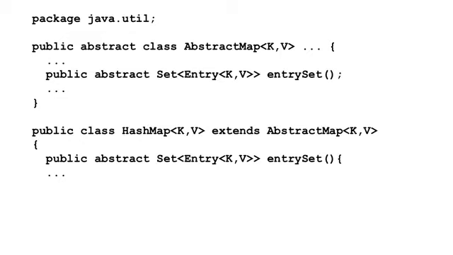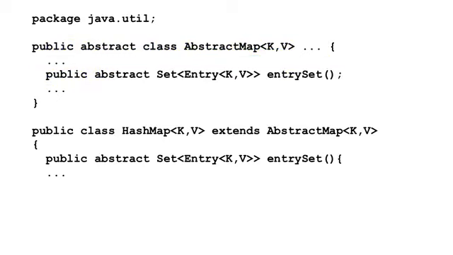An abstract class is a class that is declared with the keyword abstract before the keyword class. An abstract class may or may not include abstract methods. For example, the AbstractMap abstract superclass defines the abstract entrySet method.